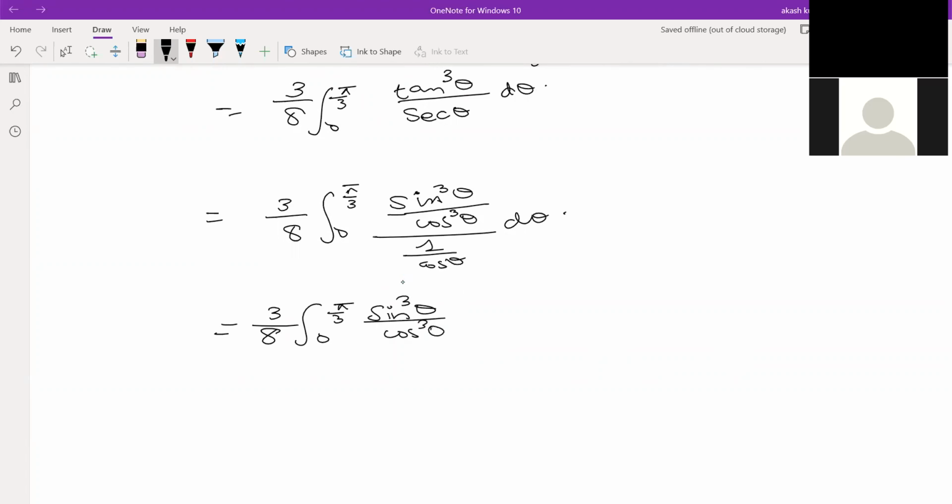Sine cube theta over cos cube theta multiplied with cos d theta.